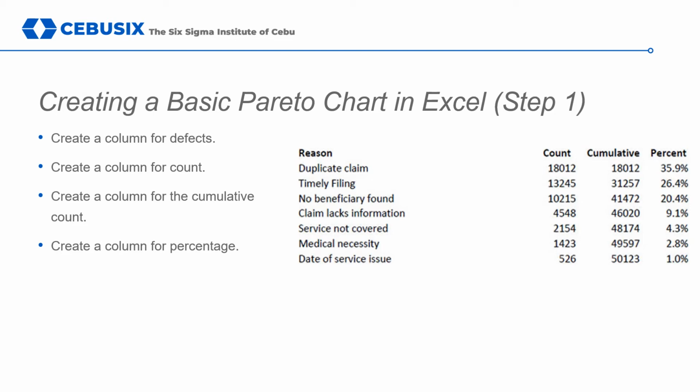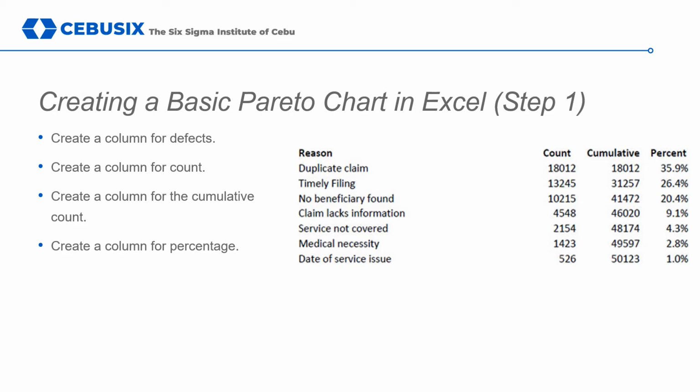Pareto charts work well when you have quantifiable causes for a defect or other effect. No matter what type of data you are using, enter it in order from largest to smallest for Pareto chart purposes. Next, we create a column for the count where we enter the total for each cause.